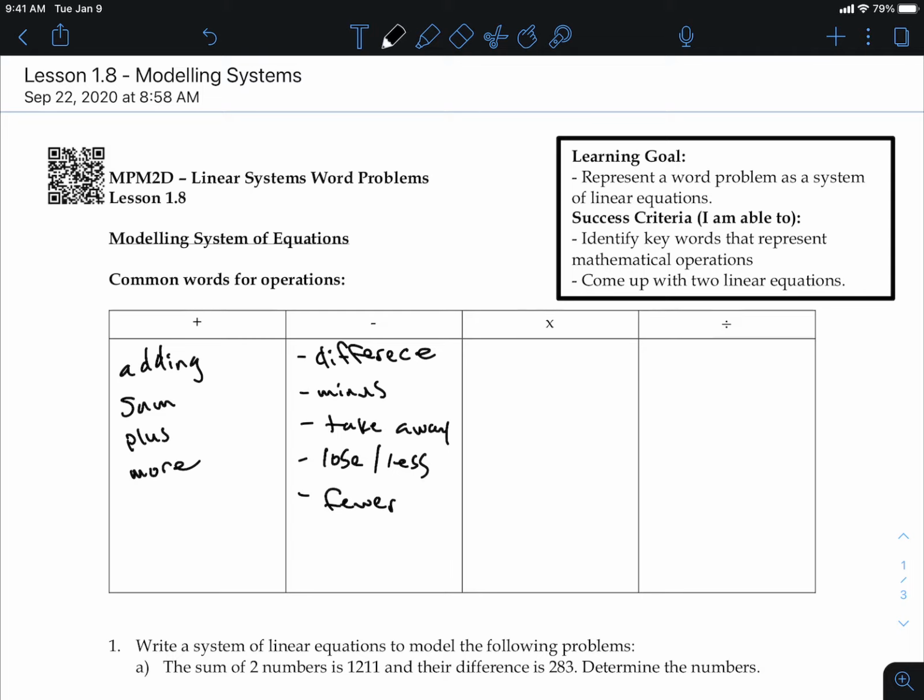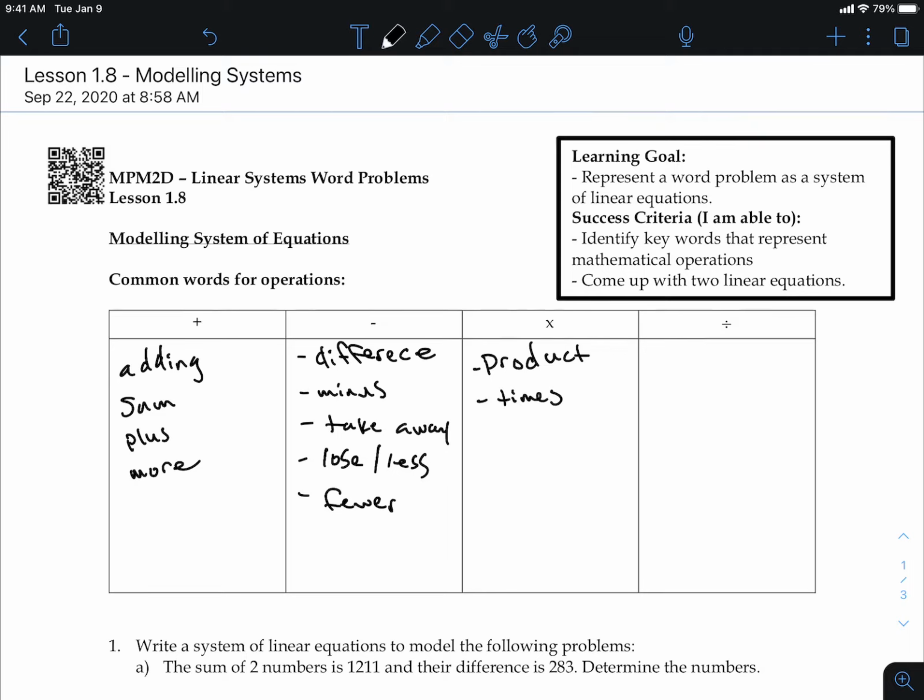Okay. What about multiplication? Product is typically what they call multiplication, and when you're learning it for the first time, 2 numbers multiplied together give you a product. That's not even on my list, interestingly enough.